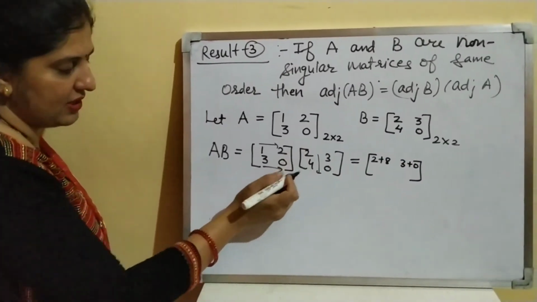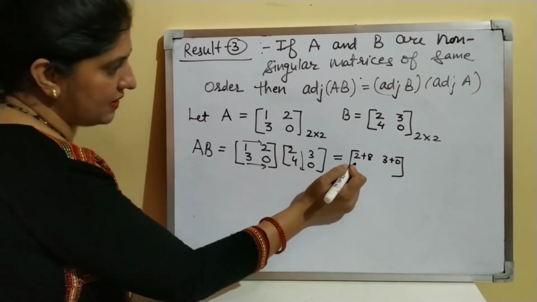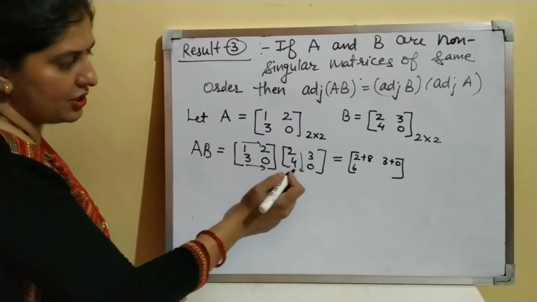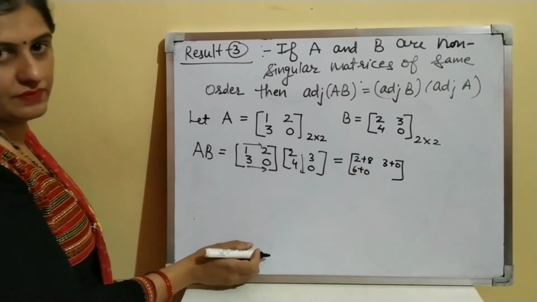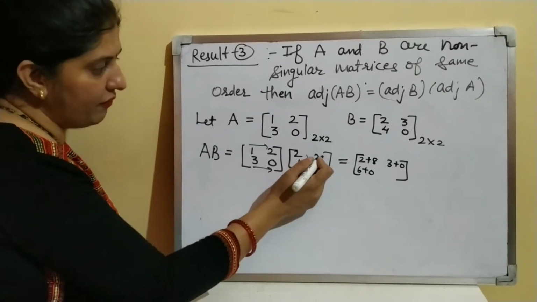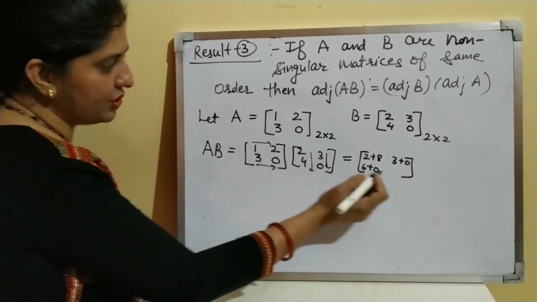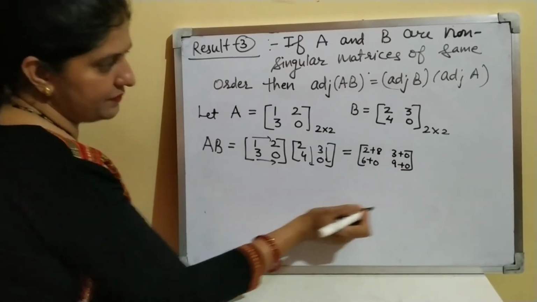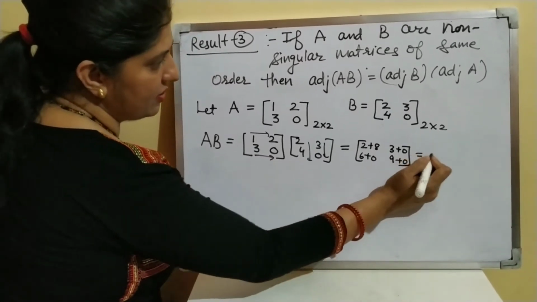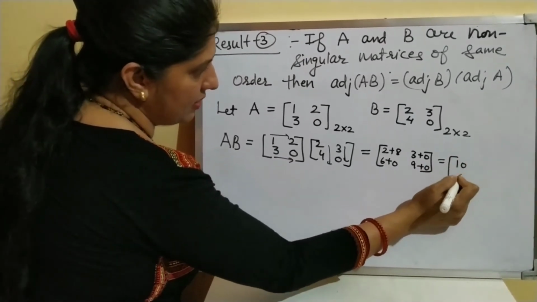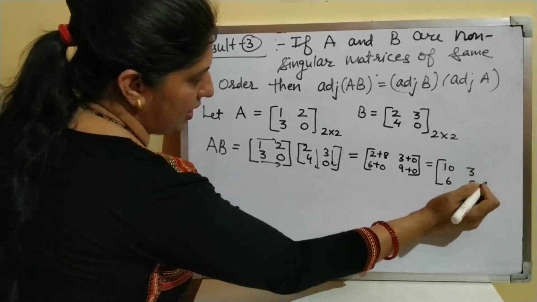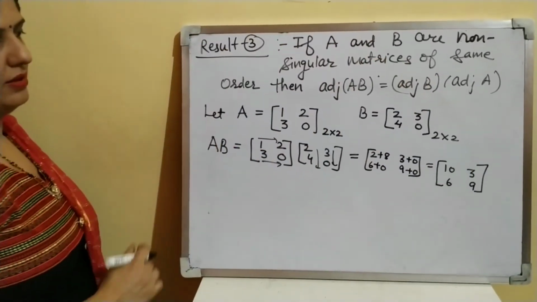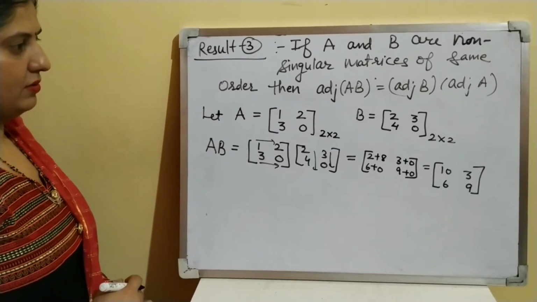Second row with first column: 3 into 2, 6, plus 0 into 4, 0. Second row with second column: 3 into 3, 9, plus 0 into 0, 0. So we get 10, 6, 3, 9 in the matrix.